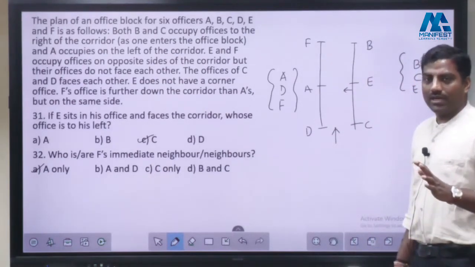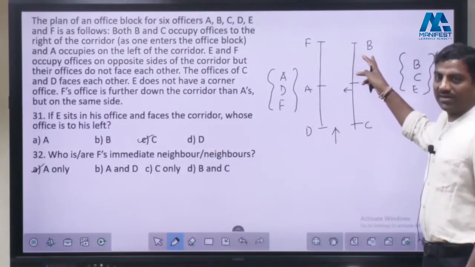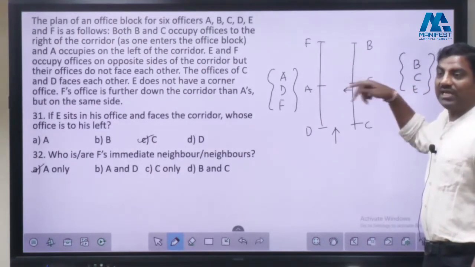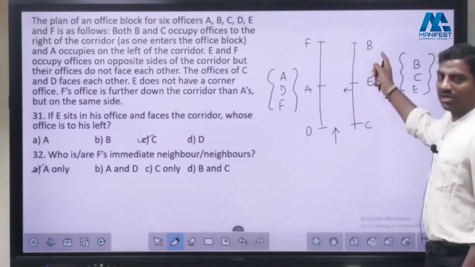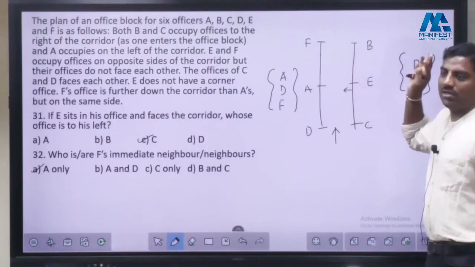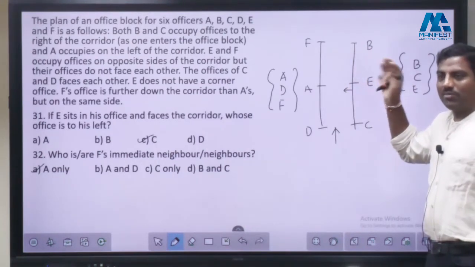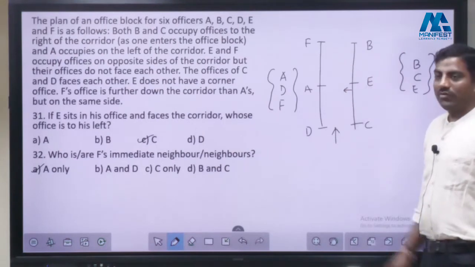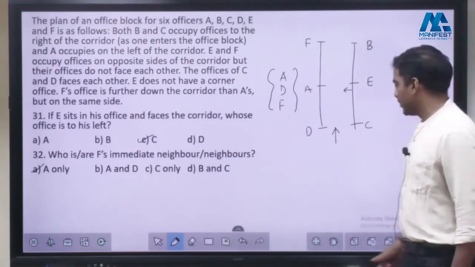A. Done? Don't call this person a neighbor. He is the person living opposite. This person is not a neighbor. Neighborhood, extended neighborhood is different. But immediate neighbor is one with whom you share your wall. Fine?